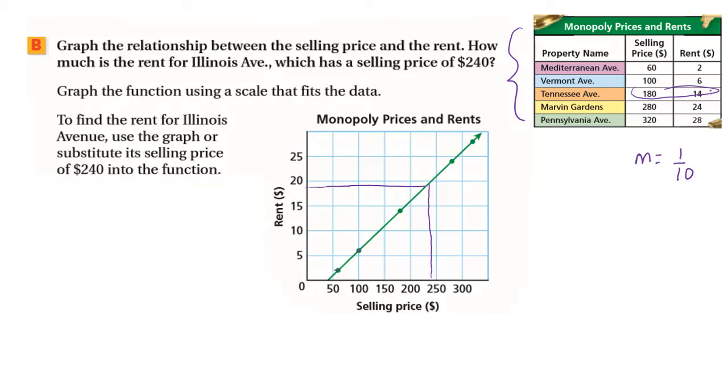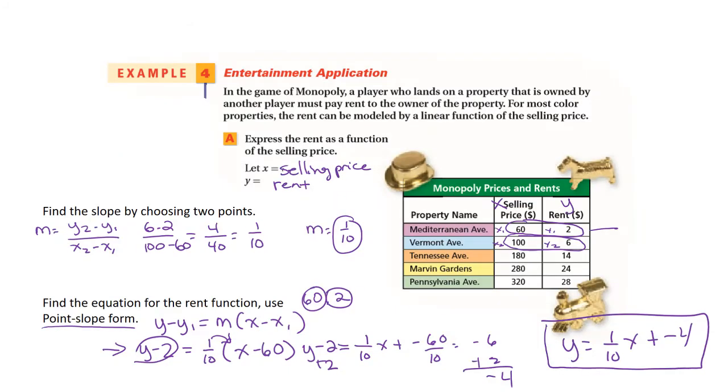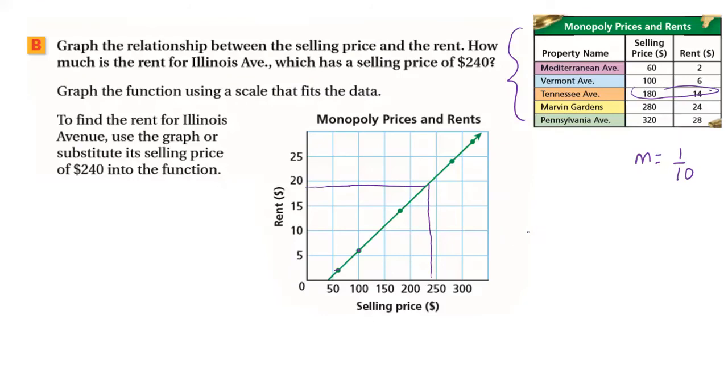But we could actually just write our formula out and solve it using our equation that we just wrote a minute ago, y equals 1/10 x minus 4. And this time they want our x to be $240.